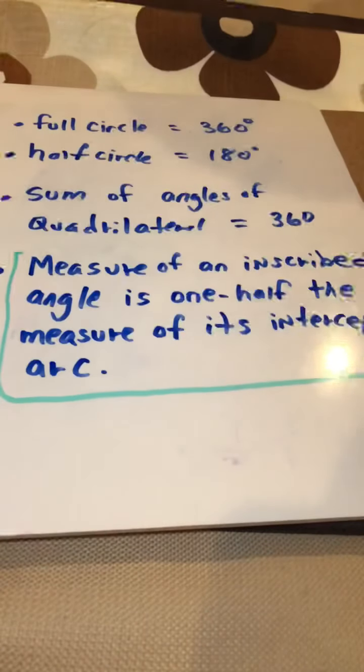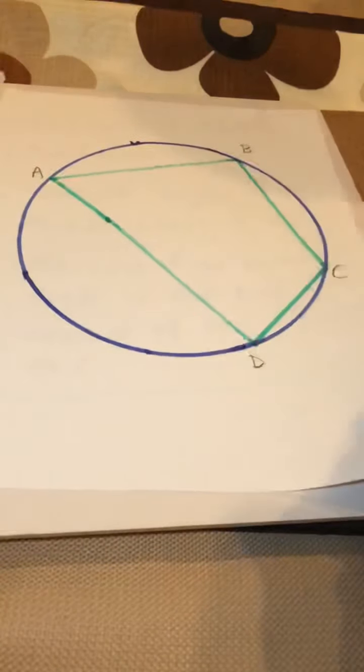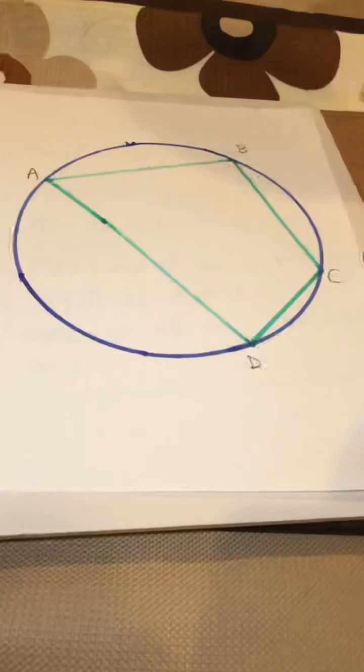And we have a problem here. I want you to just quickly look at the angles and identify the intercepting arcs. Just imagine the intercepting arcs for each.